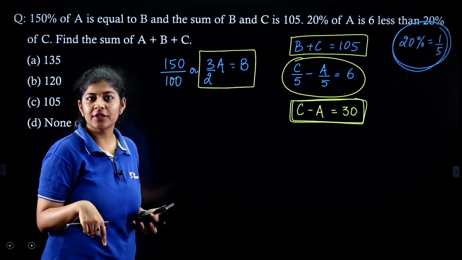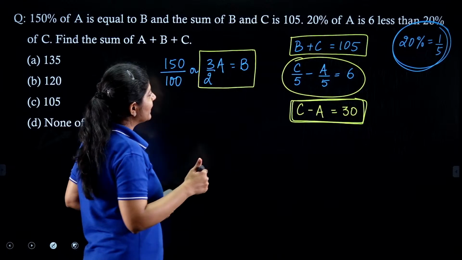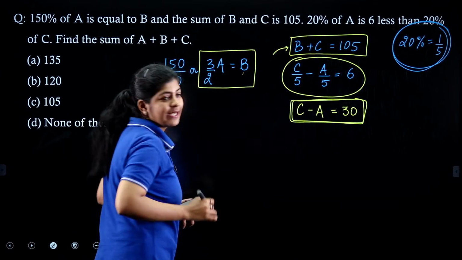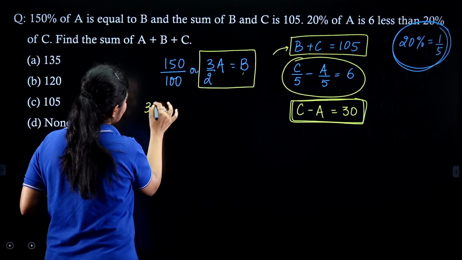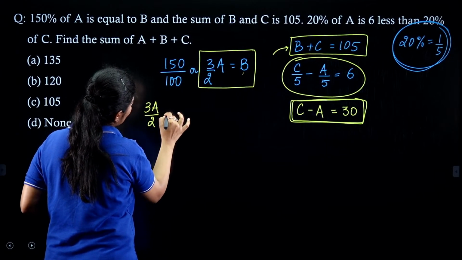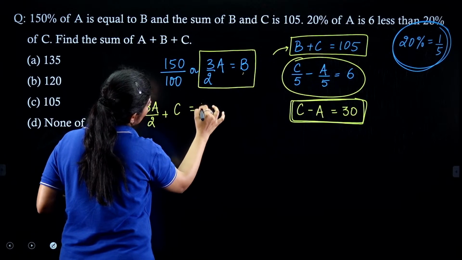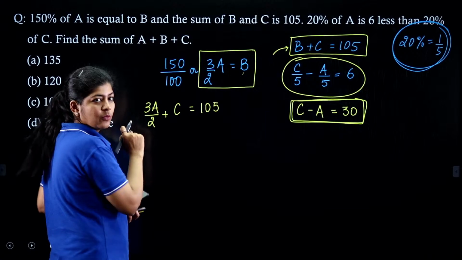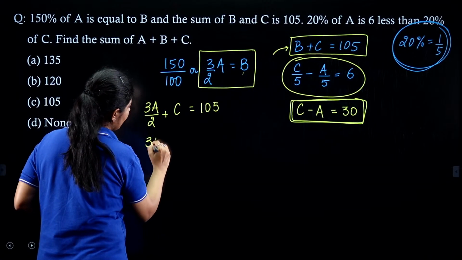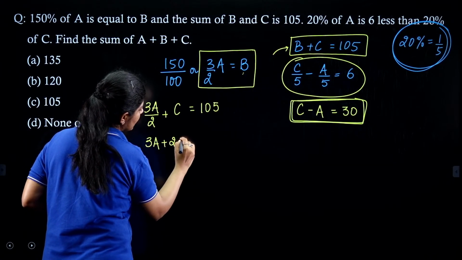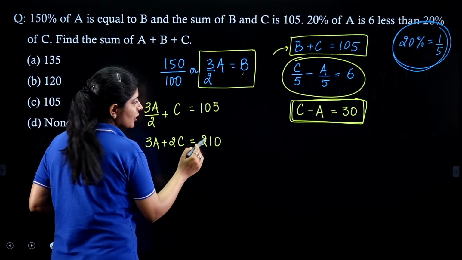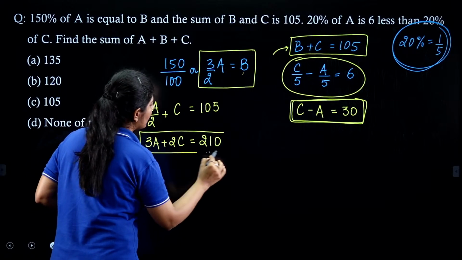It's better to convert it into one, right? So I'll put this value of B in this particular equation. So I can write 3A by 2 plus C is equal to 105, right? Here I'll take 2 as LCM and I get 3A plus 2C, and this is nothing but 210, right?